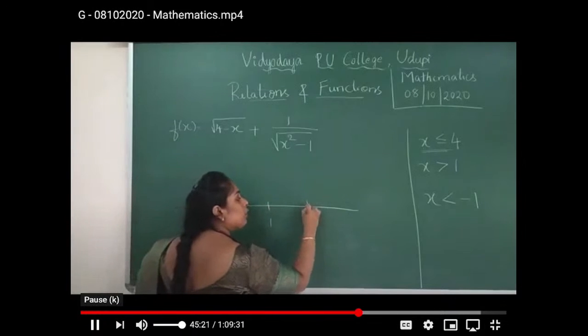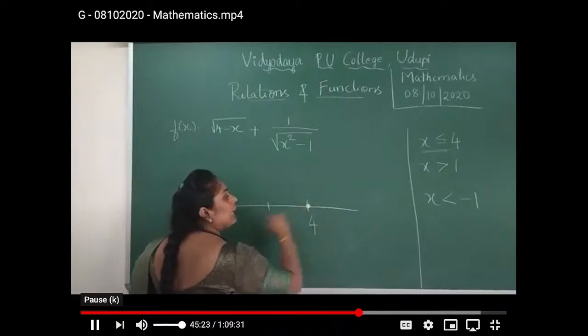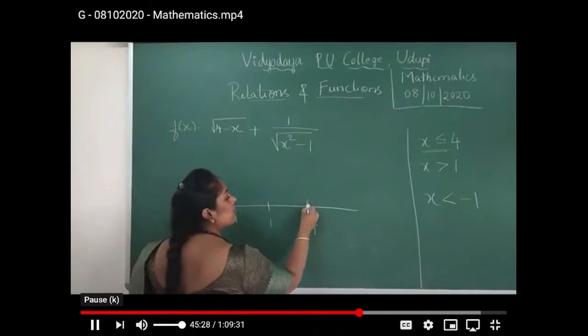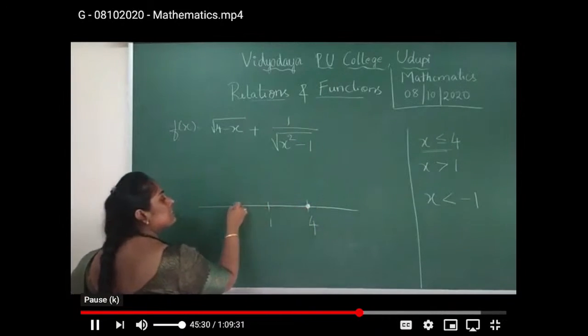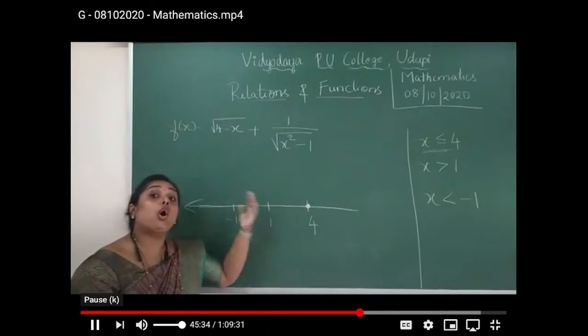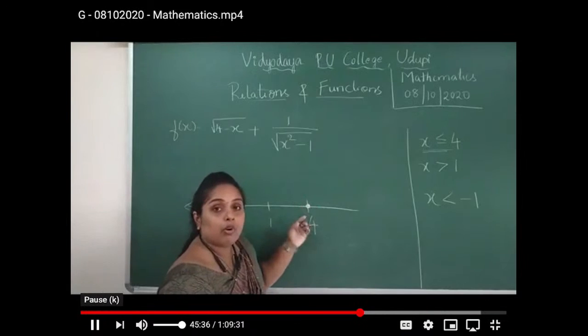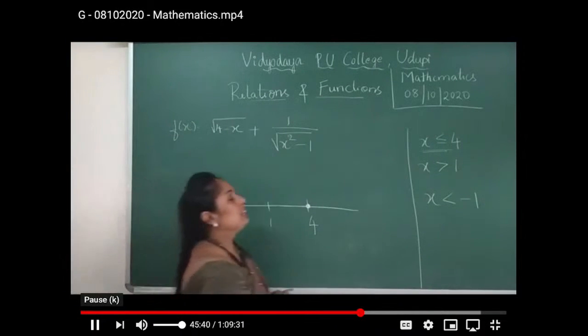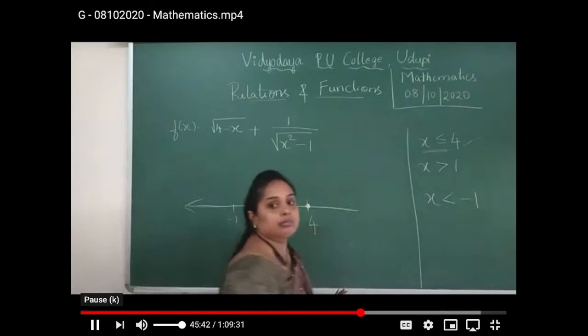Less than or equal to means including 4. Including 4 means a filled dot there. And less than 4 means it comes this side. Okay, this thing is plotted.